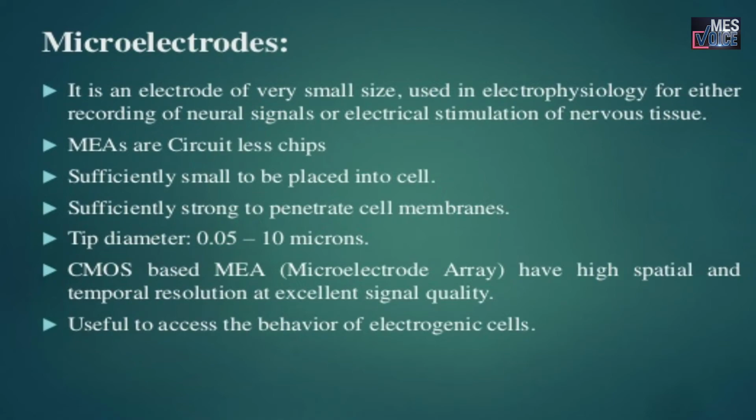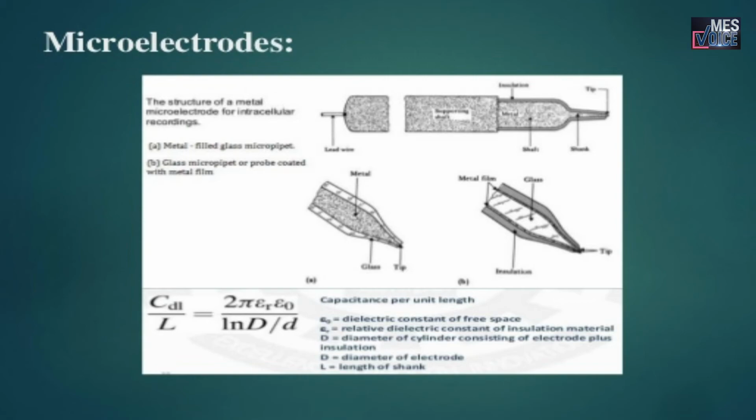The tip diameter is 0.05 to 10 microns. CMOS based MEA, that is microelectrode array, have high spatial and temporal resolution at excellent signal quality, useful to access the behavior of electrogenic cells. You can see some microelectrodes in this diagram.